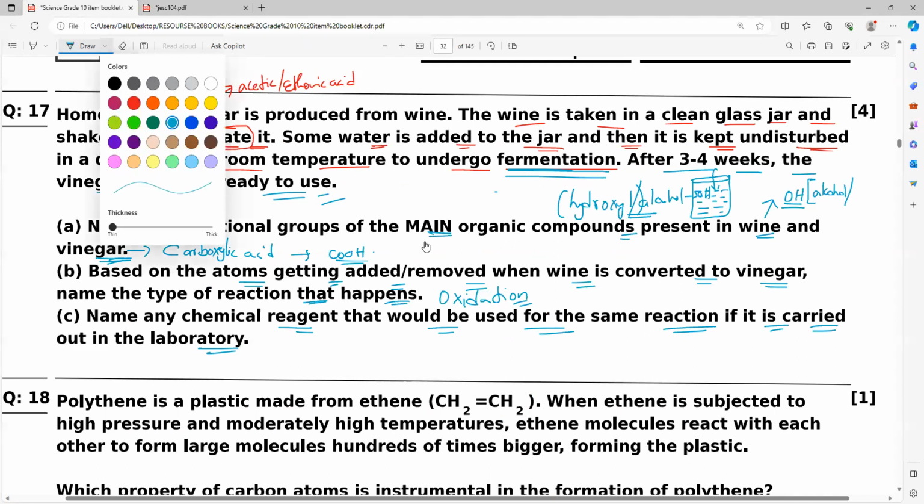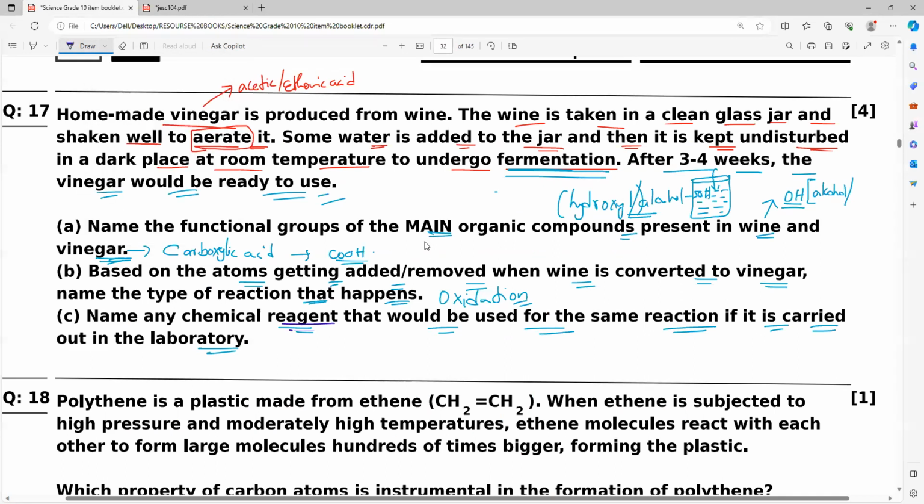Name any chemical reagent that would be used for the same reaction if it is carried out in the laboratory. Suppose they asked you to write the chemical equation for converting alcohol to carboxylic acid, or ethanol to acetic acid, 100% you would write it.